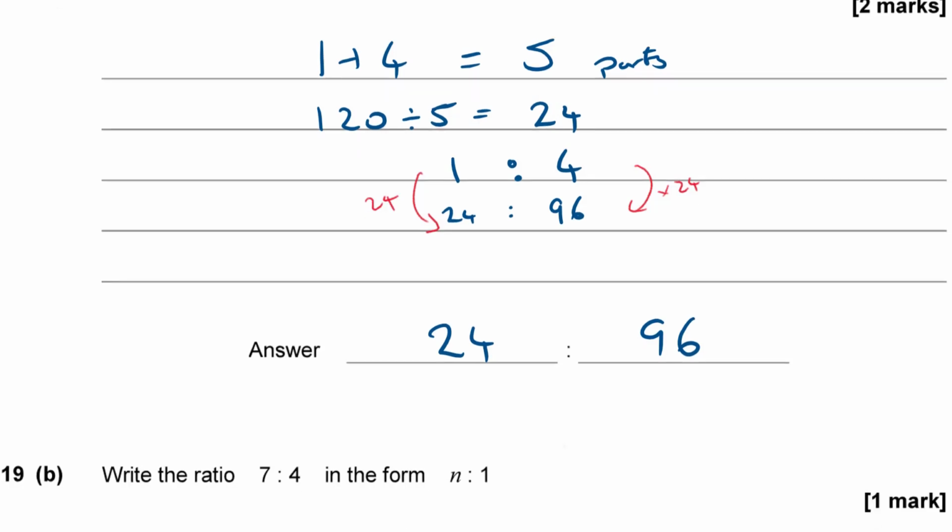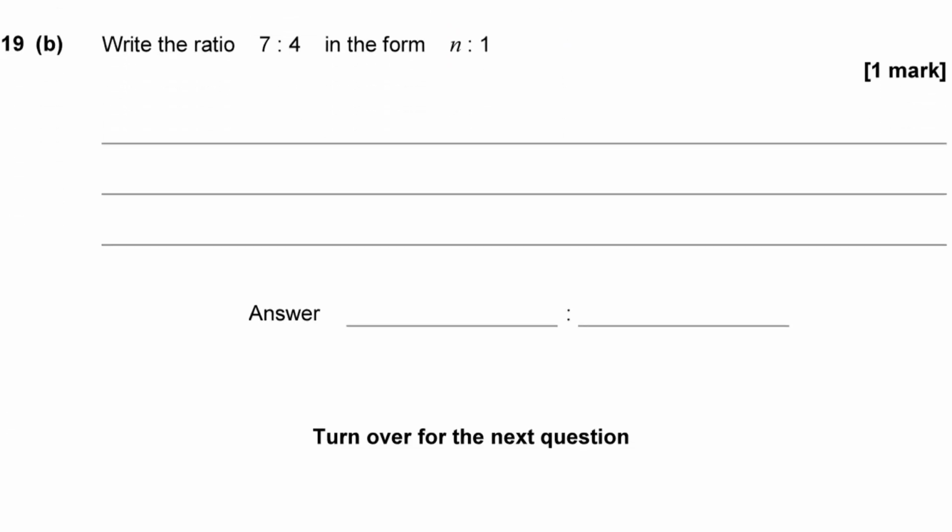So that's good. Right, now part B says, write the ratio 7 to 4 in the ratio of n to 1. In other words, I need to divide. If I want to make that bit 1, I'm going to have to divide both sides by 4, aren't I? Now obviously 7 doesn't divide by 4, so it's not going to give me a nice number.